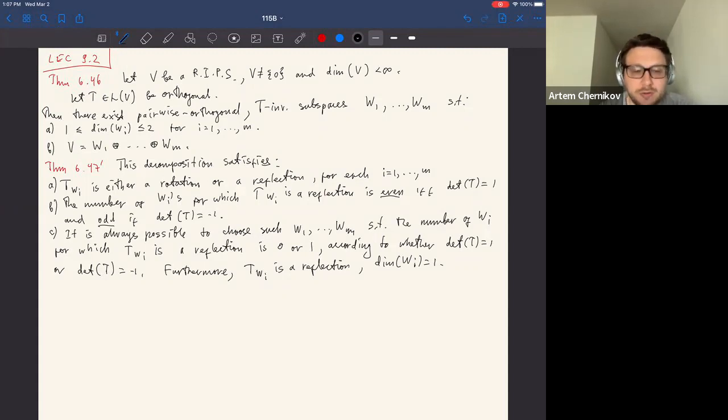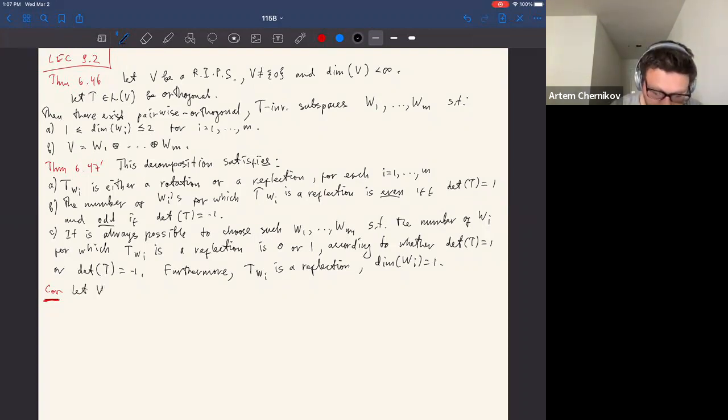And now, finally, we can obtain the desired presentation of an arbitrary orthogonal operator as a composition of rotations and reflections. This is going to be the corollary to these two theorems. The situation is the same.